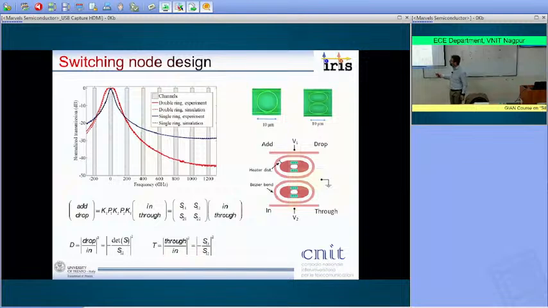What is the problem with a single micro-ring resonator? The problem is that we want to manipulate this given channel, so this given wavelength, but however, the light that is transmitted by the micro-ring resonator in the nearby channel is too large. Okay?